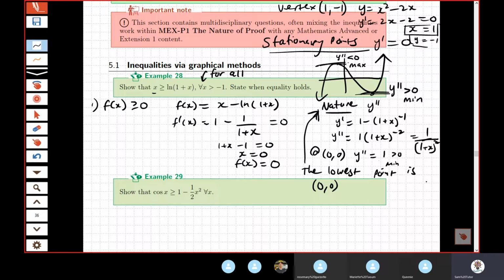The lowest point is (0, 0). Therefore, it's in the top half. That kind of makes sense, doesn't it? You literally proved that. You actually said it's a minimum even. The lowest point is (0, 0). So therefore, f of x must be greater than or equal to 0. Therefore, x must be greater than or equal to log(1 plus x).